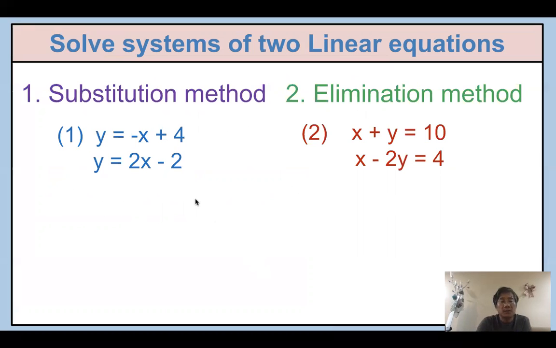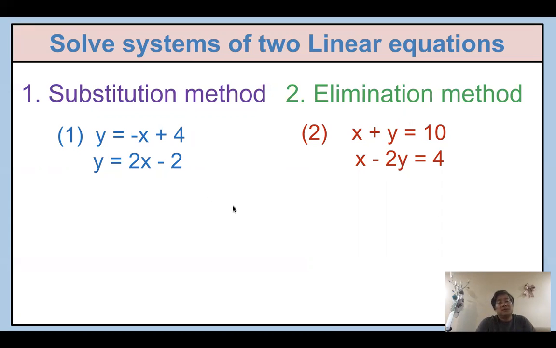If you see an equation like this, the substitution method is easy to use. But if you see equations like this, the elimination method is better. To use the substitution method, you need to move x to here. If you have y equals negative x plus 10, then you substitute this into here. That's the substitution method, right?